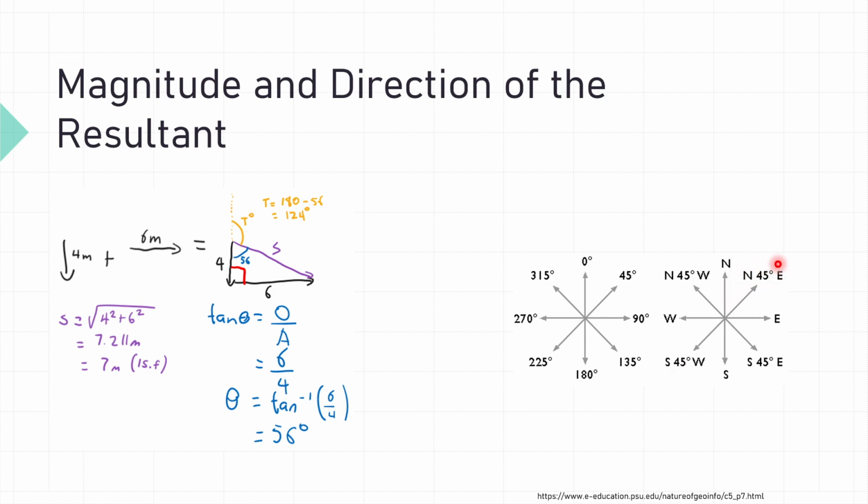So for example, this bearing here is north 45 degrees east, meaning that the vector is pointing in the northerly direction, it's in this top half, and that the bearing is 45 degrees east of our north mark. The opposite to that is south 45 degrees west. So the vector is in the southerly section of our cardinal points, and it is 45 degrees west of our south point, and that's the second bit there, 45 degrees west.